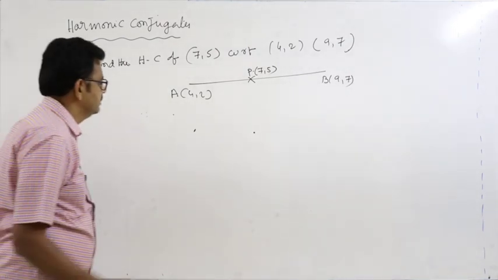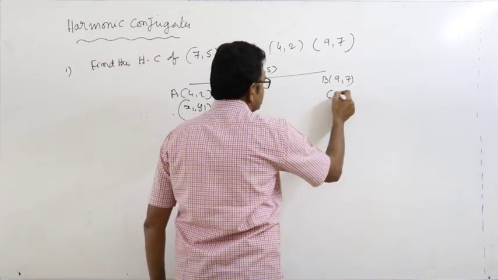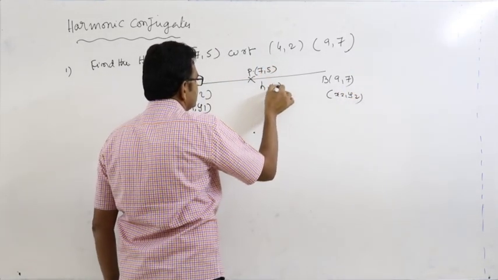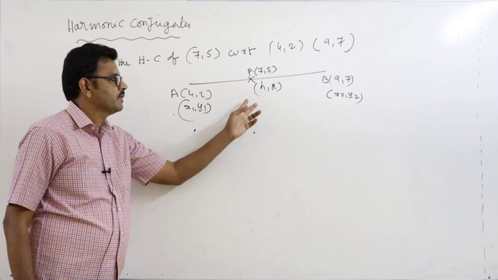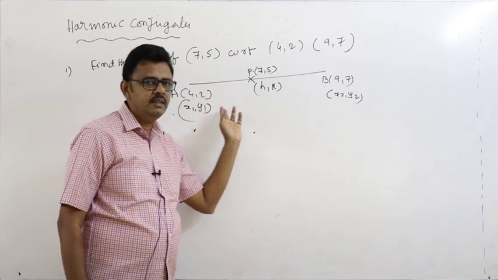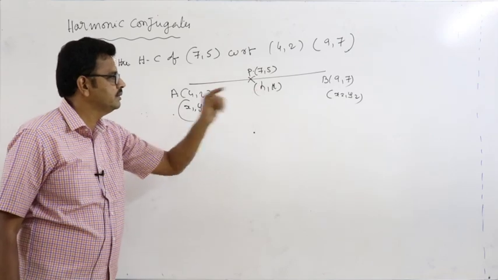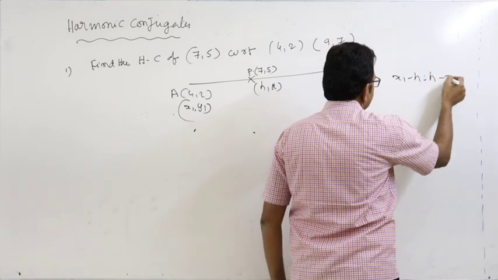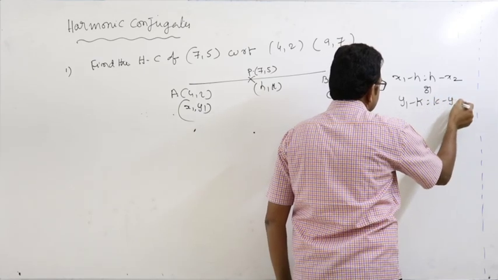Now the points are (x1, y1) and (x2, y2), and this point P is treated as (h, k). In yesterday's class, we discussed that if P (h, k) lies on the line segment joining the points A (x1, y1) and B (x2, y2), then P divides AB in the ratio (x1 minus h) is to (h minus x2), or (y1 minus k) is to (k minus y2).